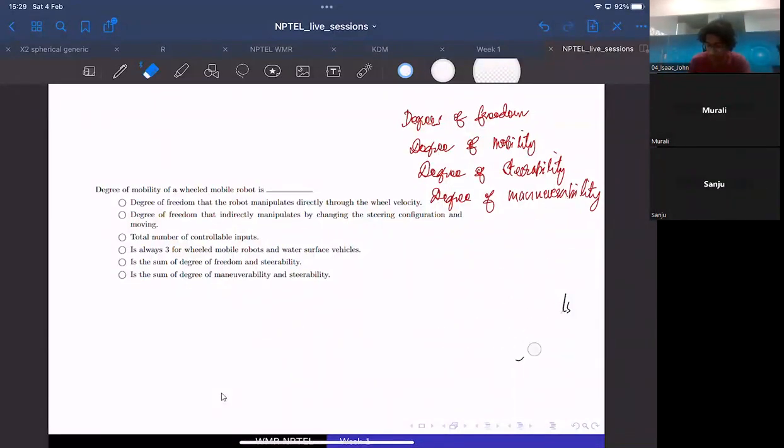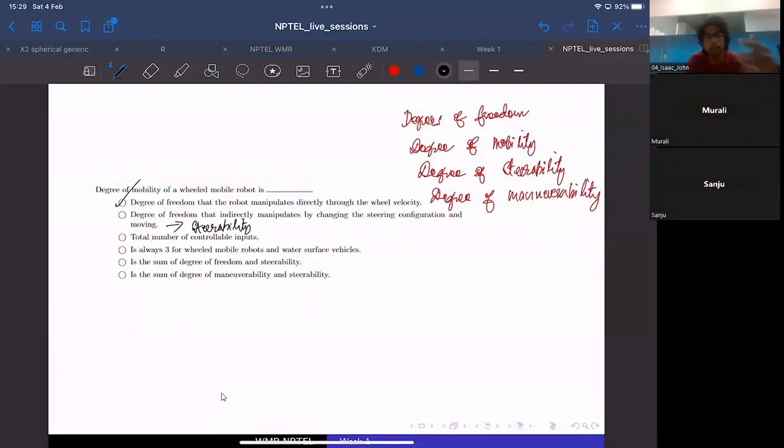I hope the point is clear. I have given 2 examples. The degree of mobility would be the degree of freedom that the robot manipulates directly through the wheel velocity. So that is the correct option. And the degree of freedom that the robot indirectly manipulates by changing the steering configuration is the definition of steerability.